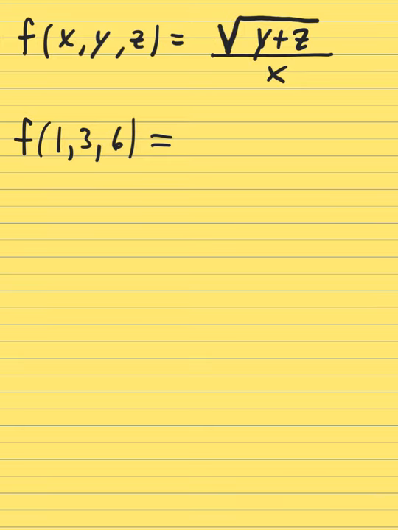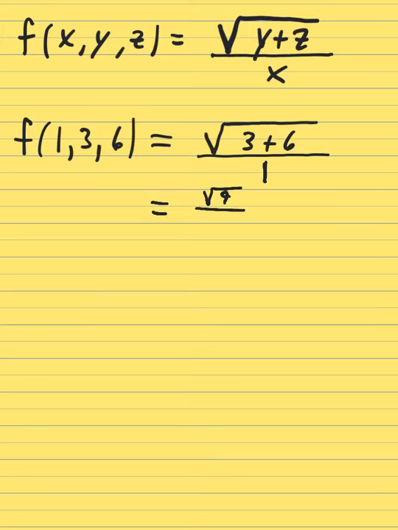Just be careful along the way when you're making those substitutions. Square root, the y coordinate and the z coordinate are 3 and 6, so that's 3 plus 6 under here, all divided by the x coordinate 1. Well, that's going to make it nice. All right, so we've got square root of 9 all over 1, which is 3.